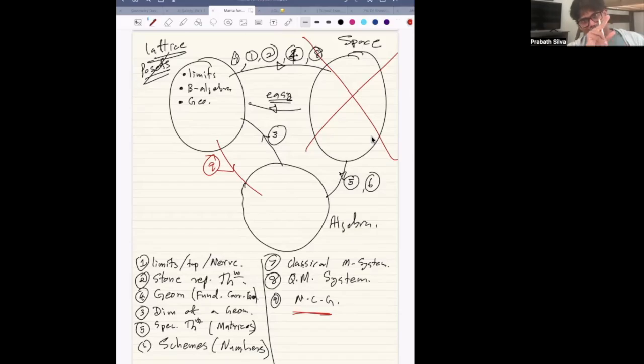Okay, and then hopefully I'll get to a point where I can say, yeah, of course this is the correct thing, because on the space side you already have what is differential geometry, what is a measure, what's a topology, and I'm bringing all these things one at a time to the lattice side, and then you build this red arrow 9.